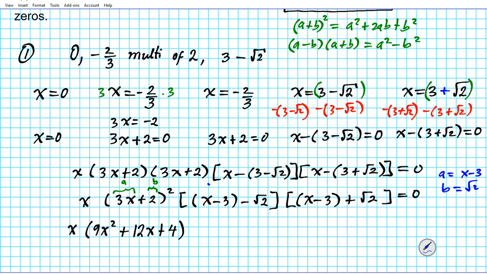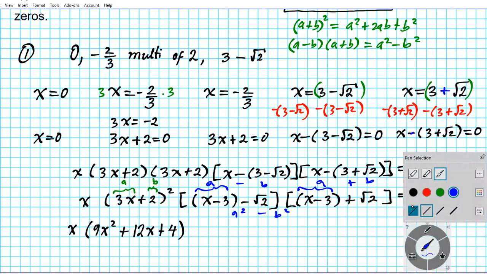So we have a minus b, okay, being multiplied with a, this entire quantity here, plus b, this number here. So what is a minus b times a plus b? A minus b times a plus b is a squared minus b squared.